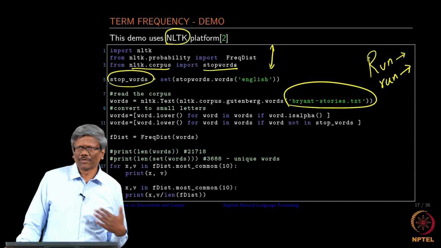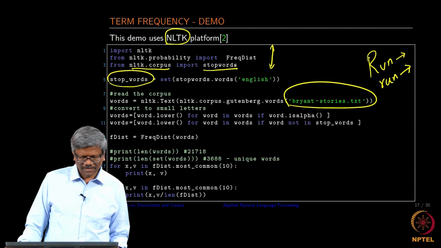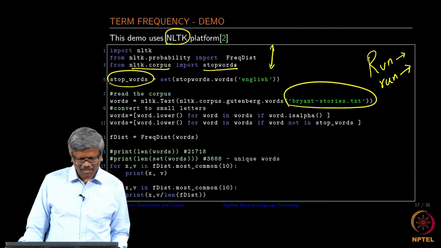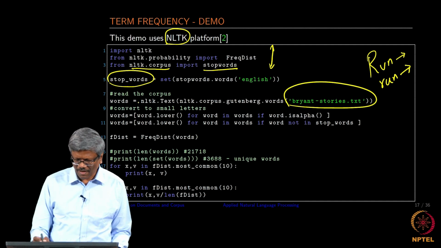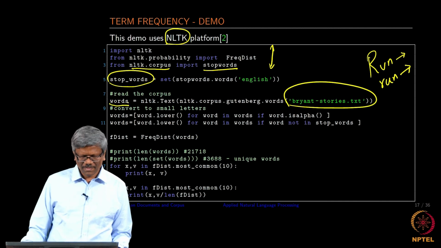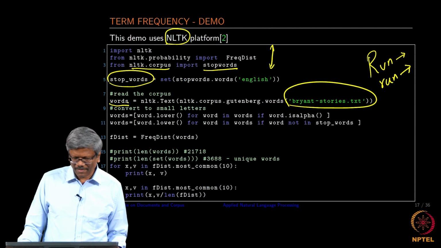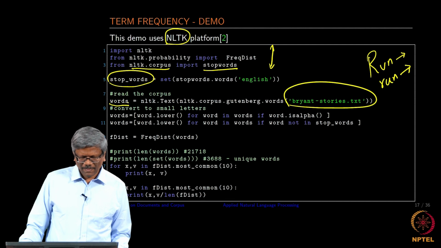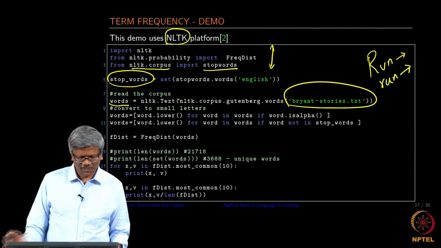It should be possible for you to define your own stop words too, or add whatever you want to the existing stop words. First, I am using the corpus and getting all the words in it. As I mentioned earlier, you do not have to really write your fundamental code for tokenization. The platform does a lot of the job for you. If you understand what exactly it does, it will be very useful to you.